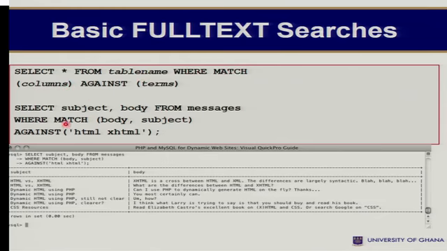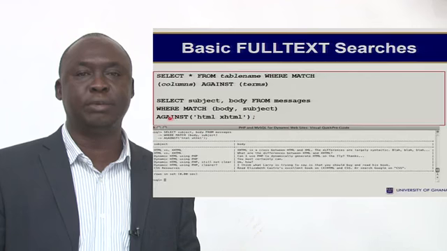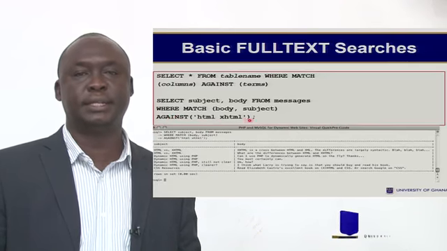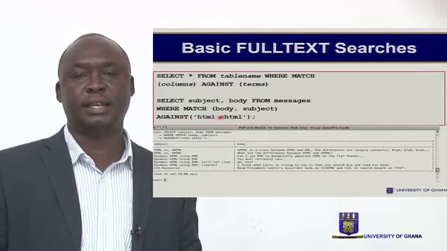So look at the example here. SELECT subject, body FROM messages WHERE MATCH, then we specify the fields that we are going to search on. Then we specify the AGAINST keyword, and the text we are searching will come in here after the AGAINST.